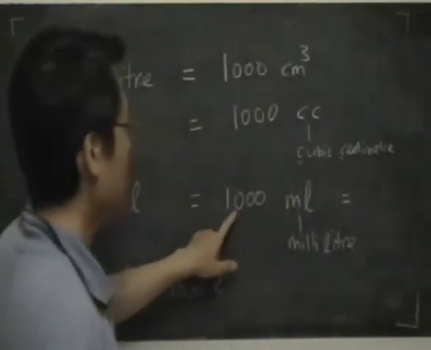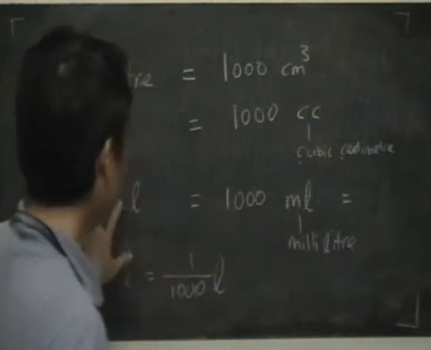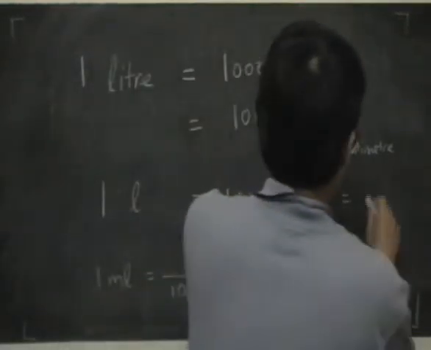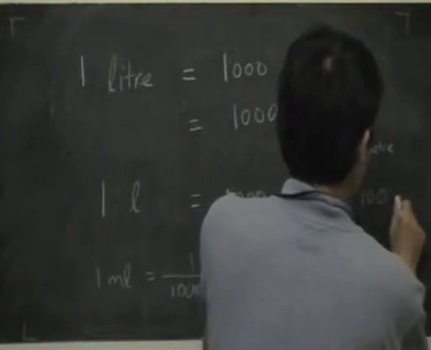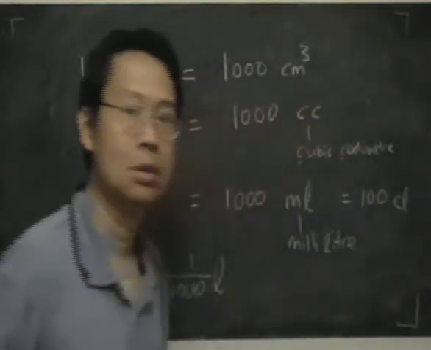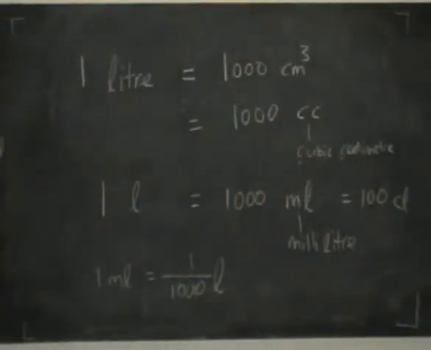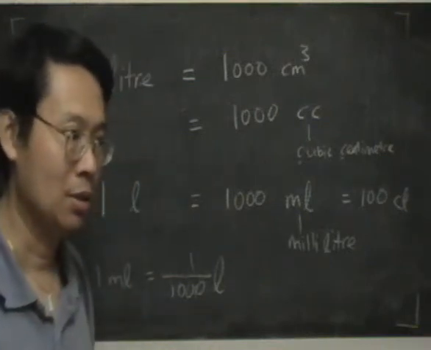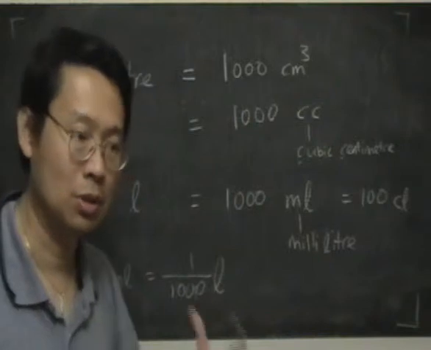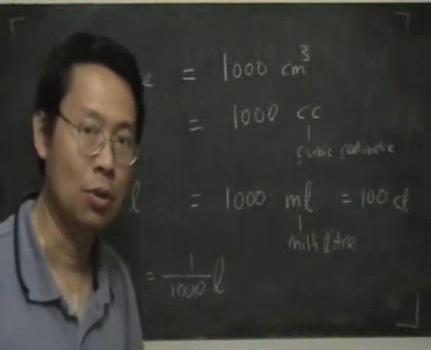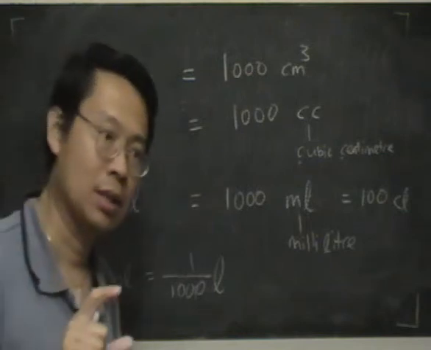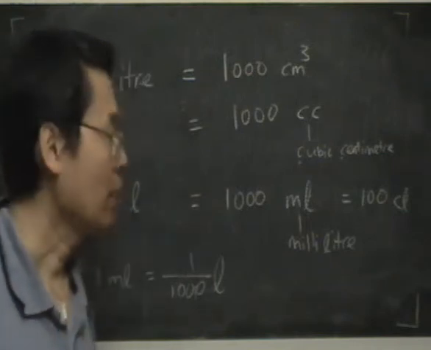So 1 liter is also equal to 100 CL. Now, next time you buy a bottled drink or a can of Coca-Cola, take a look at the can.